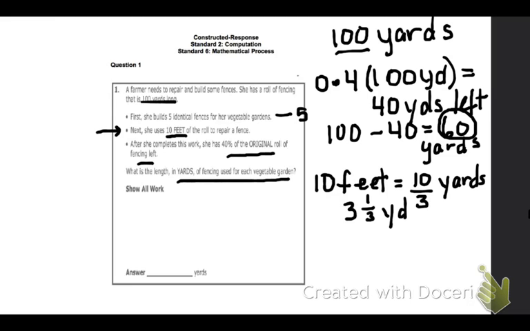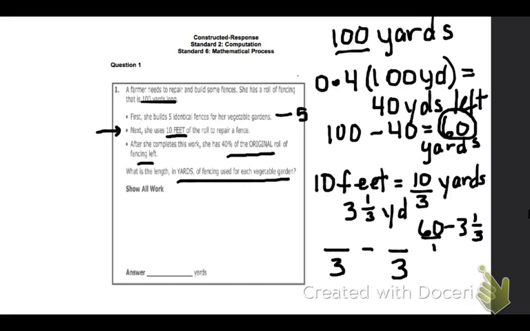Okay, so now I have to subtract that. So what I think I'm going to do is I'm going to do a little bit of fraction work. I'm going to put everything over 3 because I think that makes most sense. So if I have 60 over 1, because basically what I'm doing is I'm taking 60 and subtracting 3 1/3. So I could simplify this for myself and have a common denominator of 3.